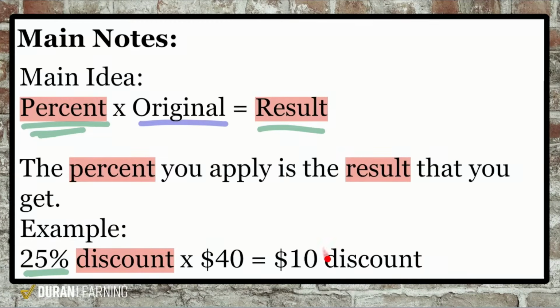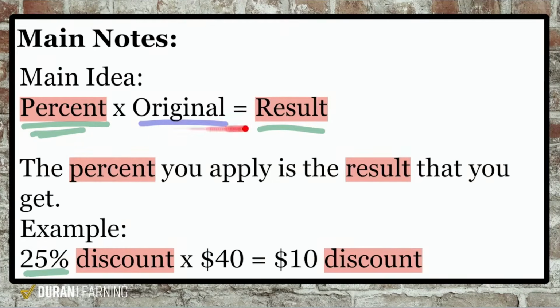Not in dollars. What is that word attached to that dollar amount? We plugged in the percent for the discount, and we ended up getting the result that represented, yeah, that's right, the discount.